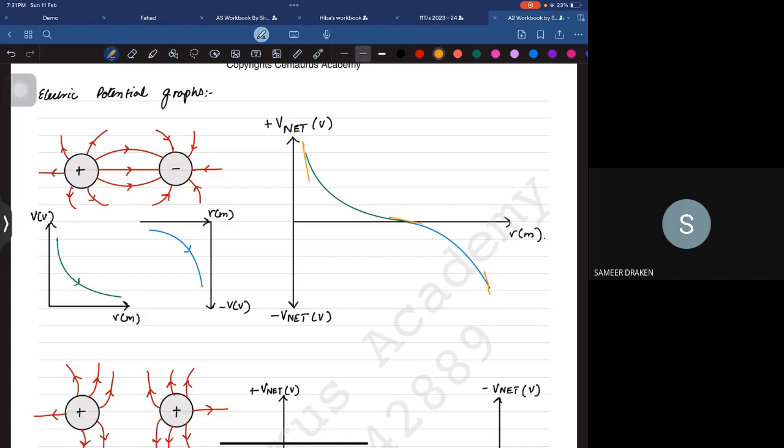Basically, the gradient at all points is not equal to 0, which means that electric field strength, which is the negative potential gradient, never becomes 0 at any point.